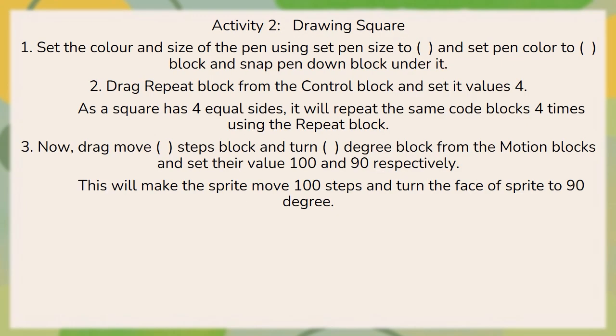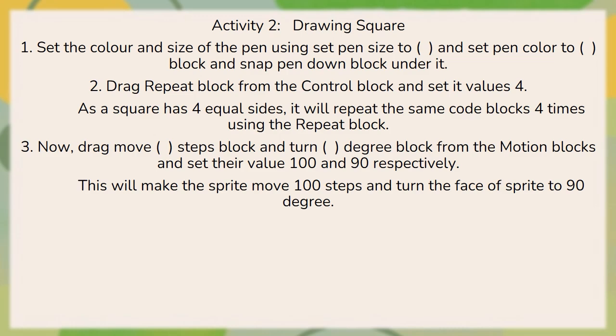Activity 2. Drawing a square. 1. Set the color and size of the pen using the Set Pen Size to and Set Pen Color to blocks and snap the pen down block under it. 2. Drag the Repeat block from the control blocks and set its value to 4.